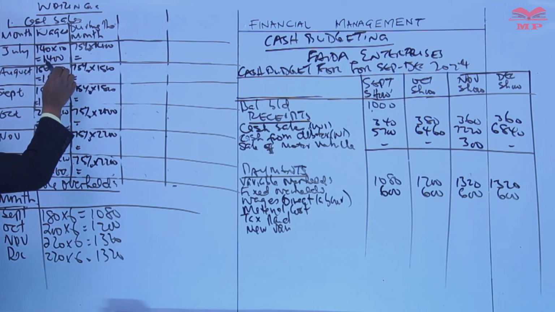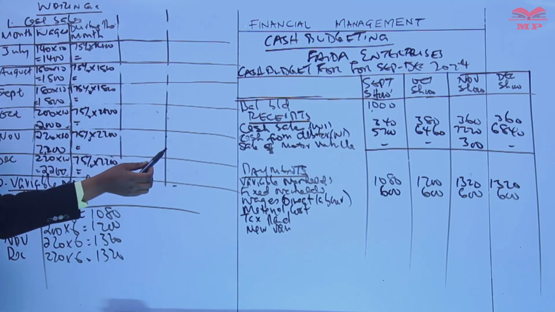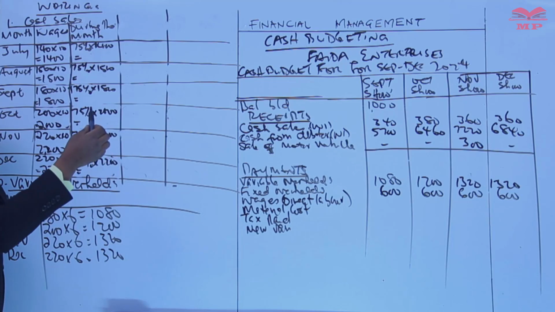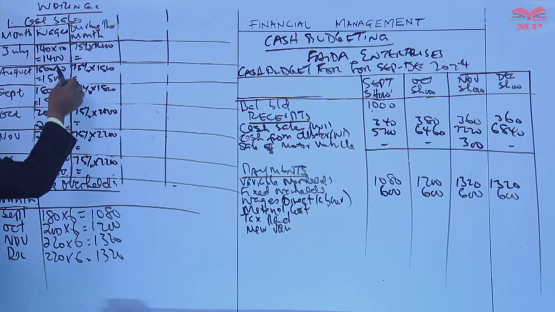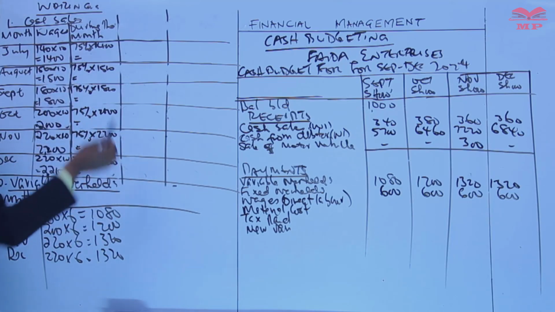So 1.4 is earned. They were entitled to 1.4, but they are only paid 75% of that during the month.